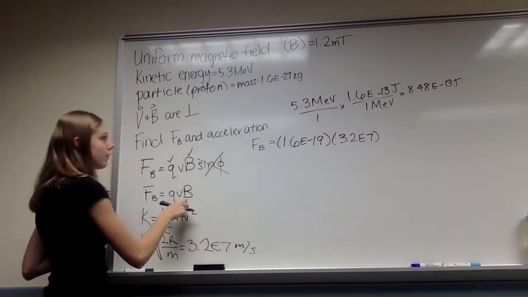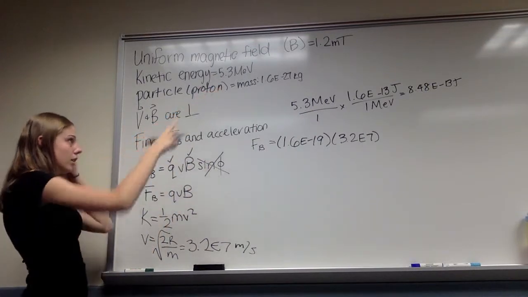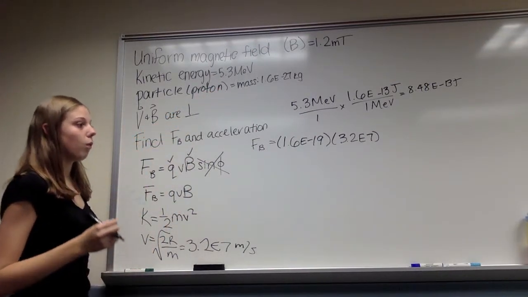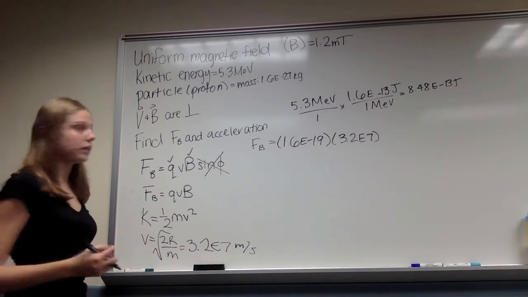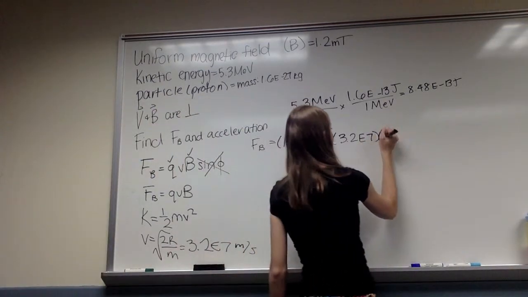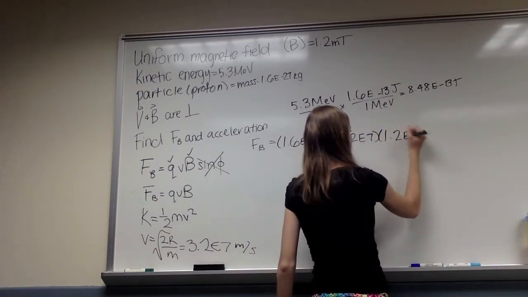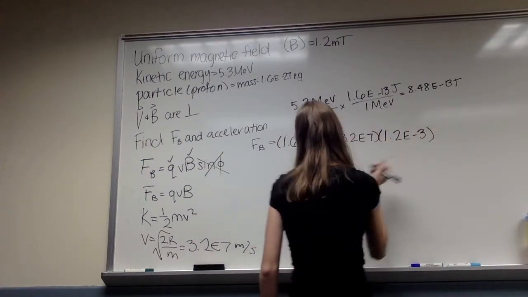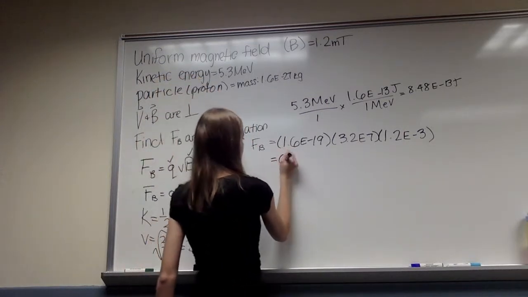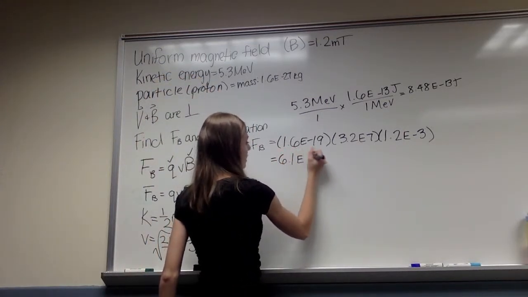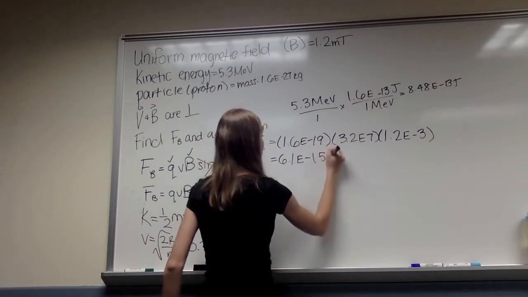And then our magnetic field is in milliteslas, so 1 millitesla is the same as 1 times 10 to the negative 3 teslas. So that would just be 1.2 times 10 to the negative 3. And we would end up with the force of the magnetic field is 6.1 times 10 to the negative 15 newtons.